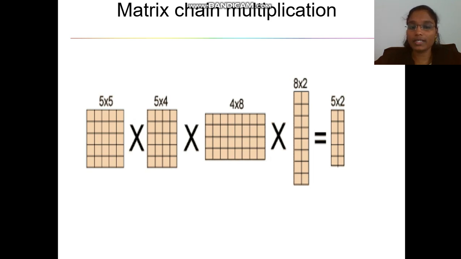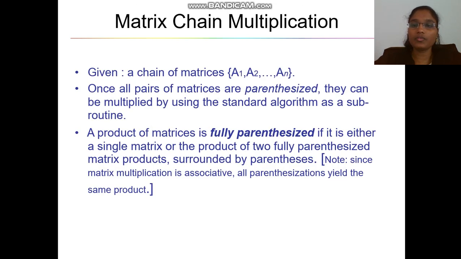If you want to multiply an array of different dimensions, then we can go for dynamic programming. So how can we do the matrix chain multiplication efficiently using dynamic programming? When a chain of matrices is given, the pairs of matrices have to be parenthesized, and the final multiplication will be between 2 parentheses.